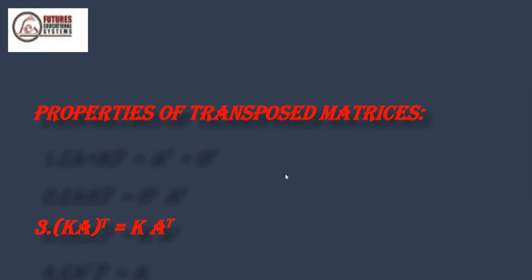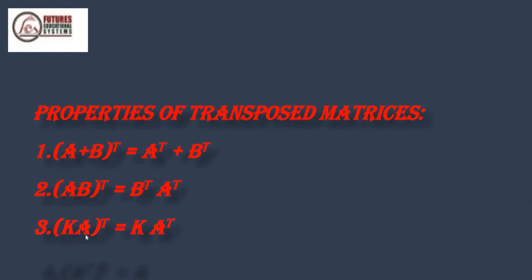Properties of transpose matrices. Property 1: (A plus B) transpose equals A transpose plus B transpose. Property 2: if we multiply matrix A by B, (AB) transpose equals B transpose times A transpose.